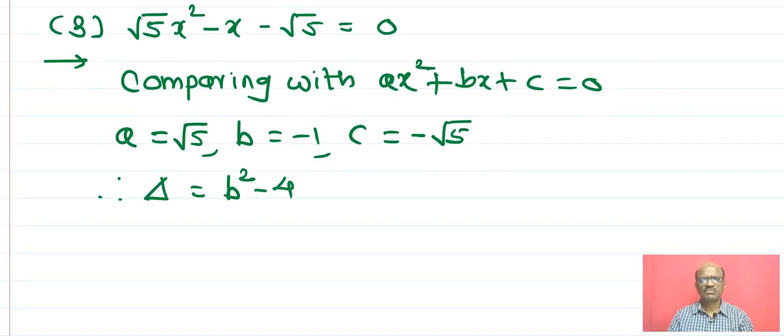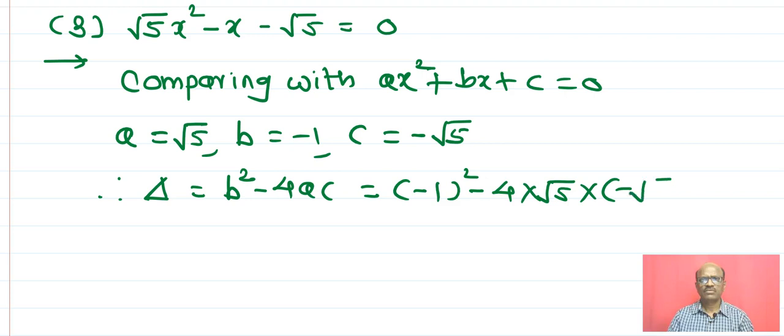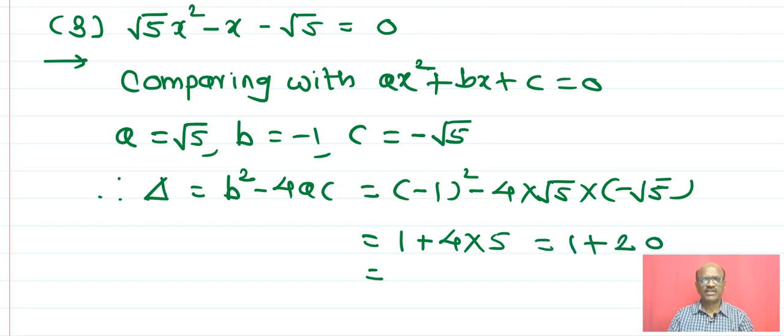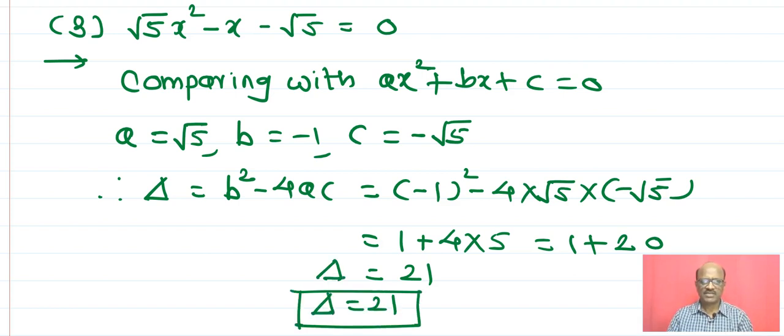Therefore, delta is equal to b square minus 4ac. That is minus 1 square minus 4 into root 5 into minus root 5. 1 plus root 5 into root 5, 5. 4 into 5, 20 plus 1, 21. Therefore, delta is equal to 21. These are the values of the discriminant. These will be very simple examples. They can carry 2 marks in the exam.